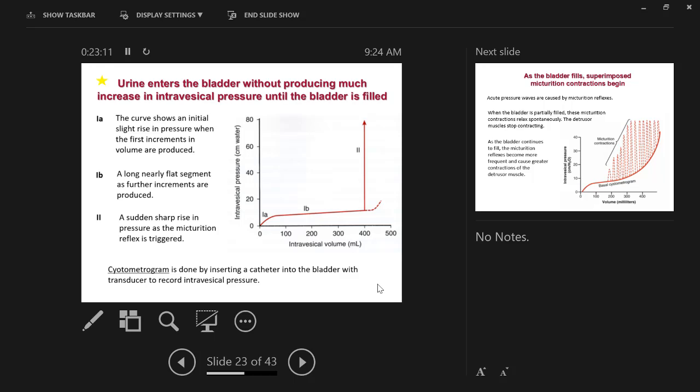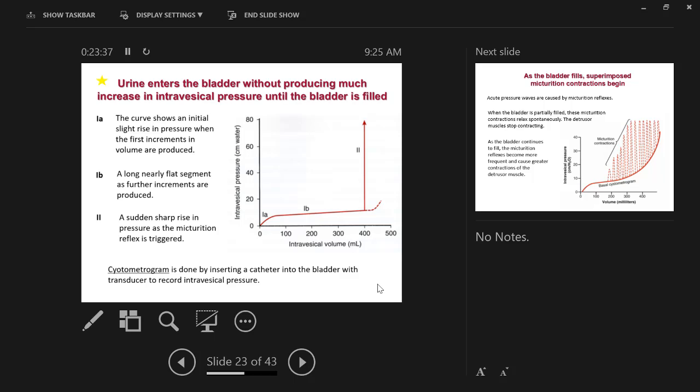So this is the second slide that you may want to pay attention to. This explains the micturition reflex. The x-axis says intravesical volume. It means the volume inside the bladder, and the y-axis is the pressure. So this is basically a pressure-volume curve. So there are 3 different phases.